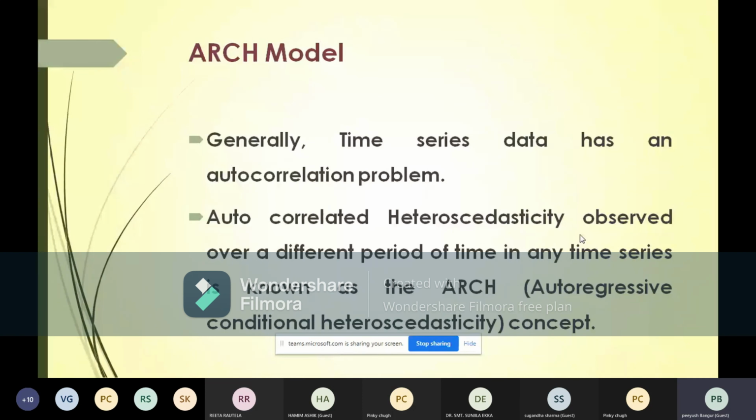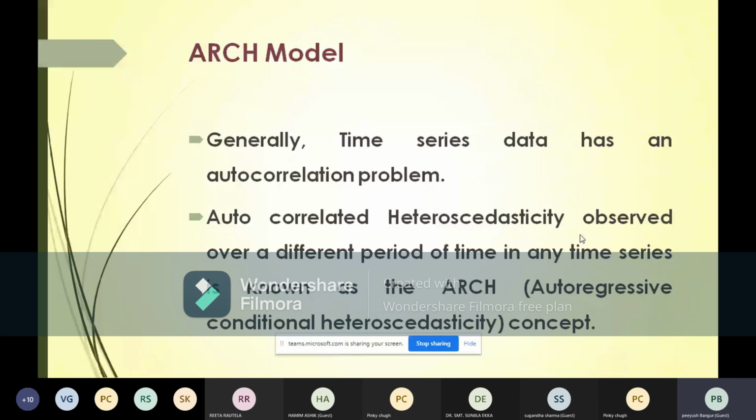But when it comes to the ARCH model, this is the basic condition that heteroscedasticity should be present in the data series. Otherwise, it is not possible to apply the ARCH model.